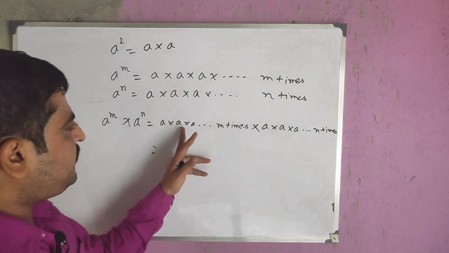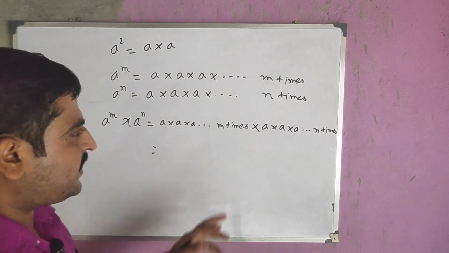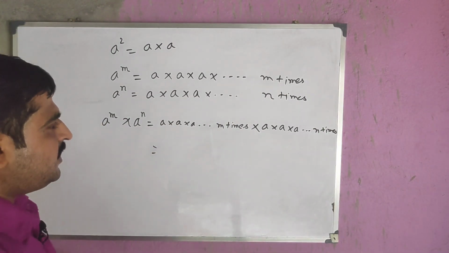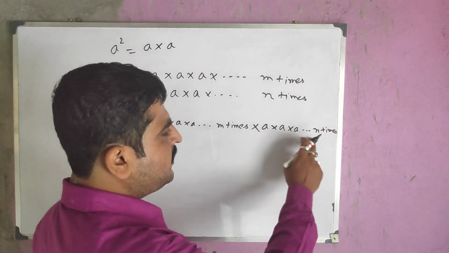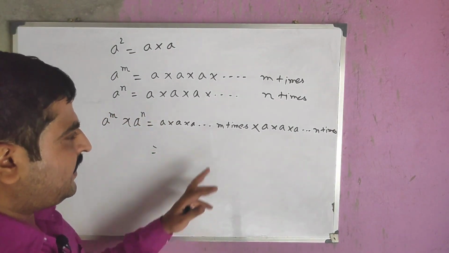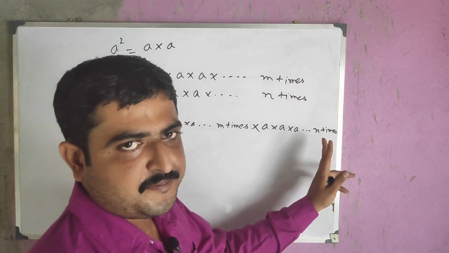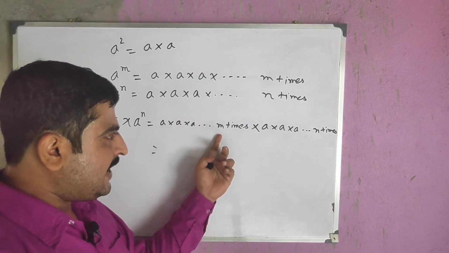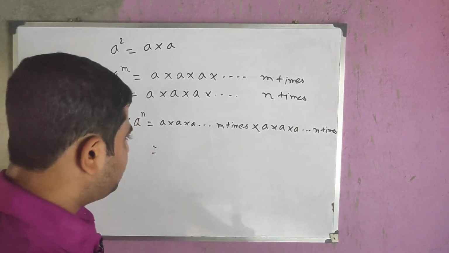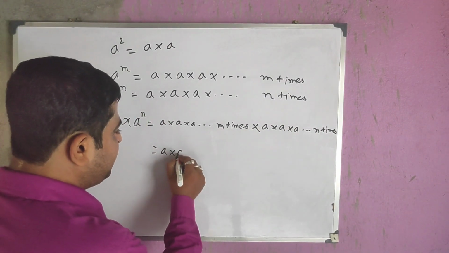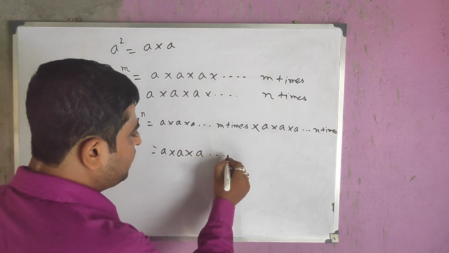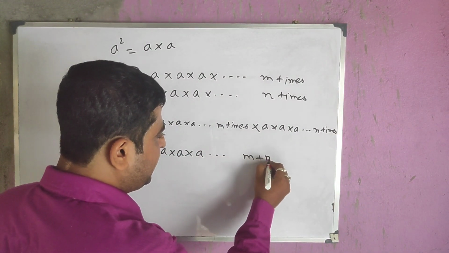Here a is multiplied m times, and here a is multiplied n times. So in total, how many times are you multiplying a? Here m times and here n times, so total m plus n times. So we can write a into a into a, m plus n times.